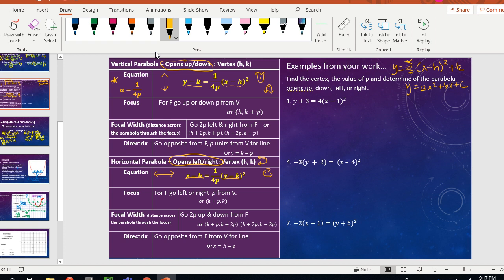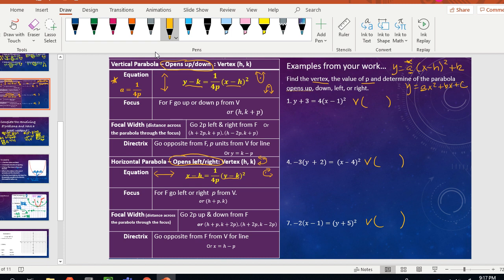All right, so I'm going to focus right now on where these things open. This says find the vertex, then find the value of P, and then figure out how it opens. On every one of these, I'm going to go through and find the vertex because it's super easy. I can find the vertex right away on all of these because the form is close enough. All my x's and h's, y's and k's are grouped together.